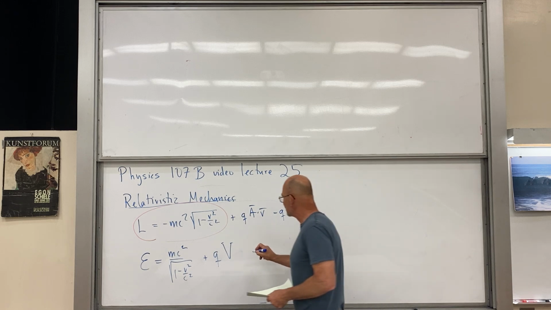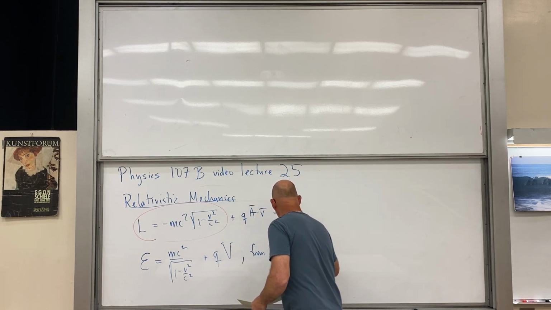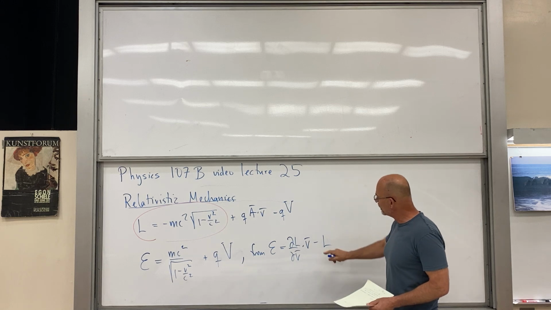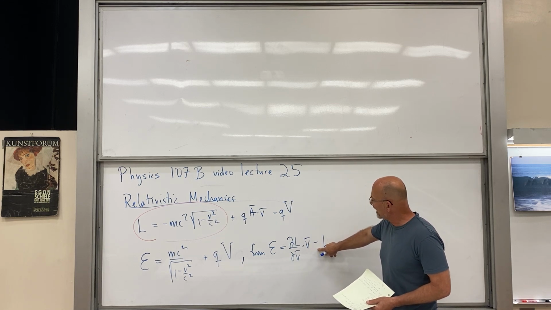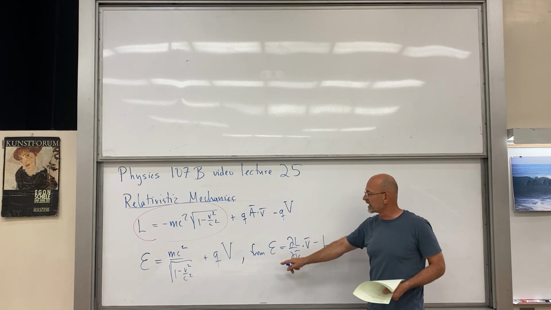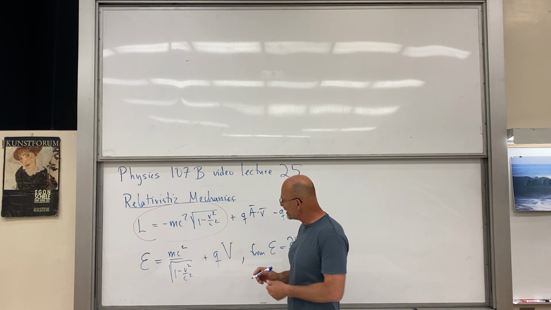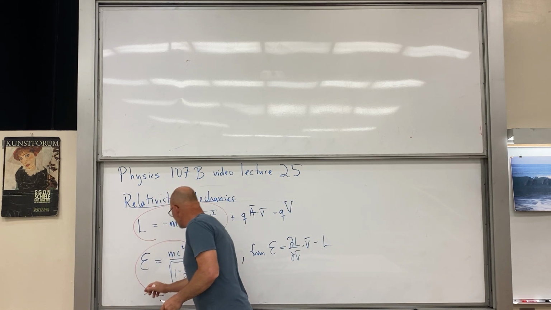And this follows, I'll just write here, from energy equals dL/dv dot v minus L. So if you do this operation, which is what we know from Lagrangian mechanics, on this Lagrangian, you'll get this energy here. And again, for the free particle, we were just working with that right there.